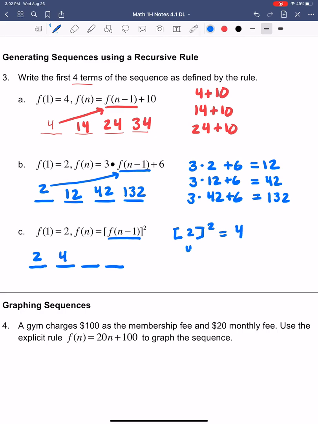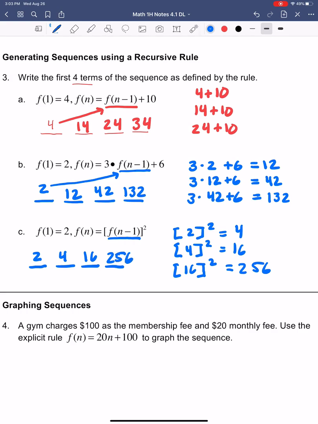And then I'm going to plug in 4 and square that, which is going to give me 16. And then I'm going to plug in 16 and square that. Remember that's 16 times 16. So maybe some mental math, maybe a calculator there. It's going to give me 256. And I'm done.